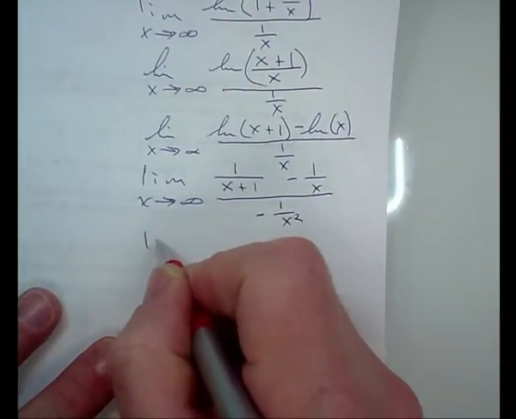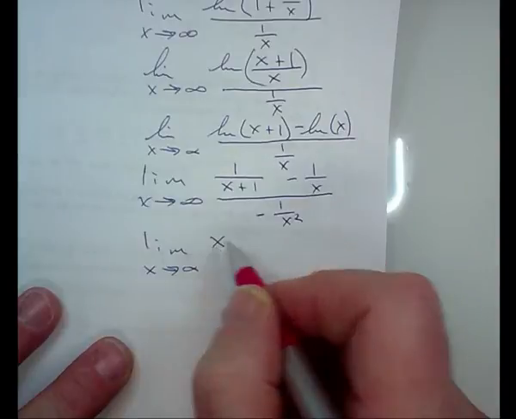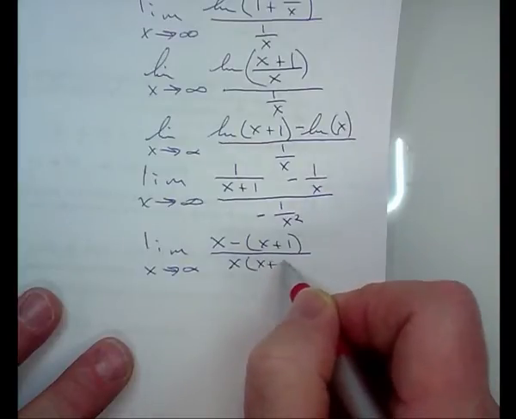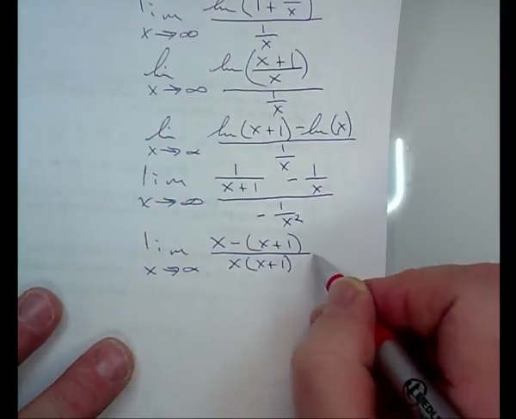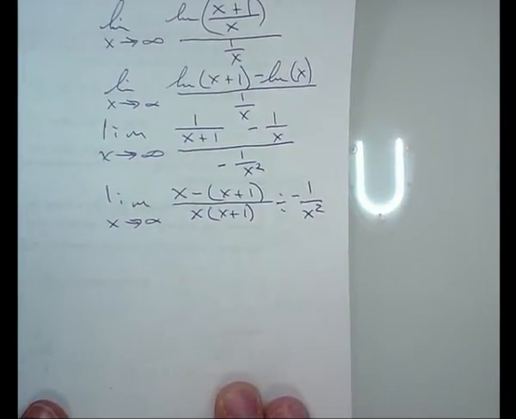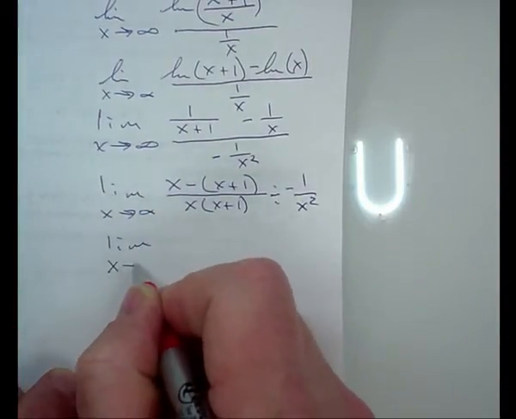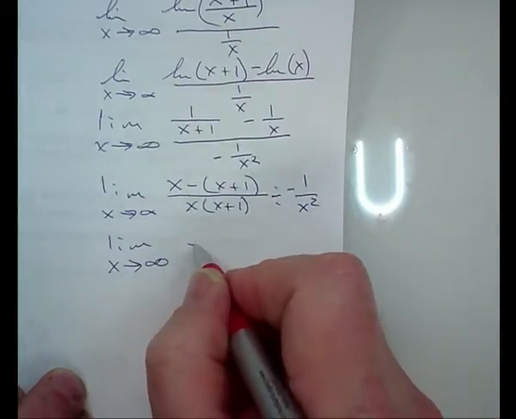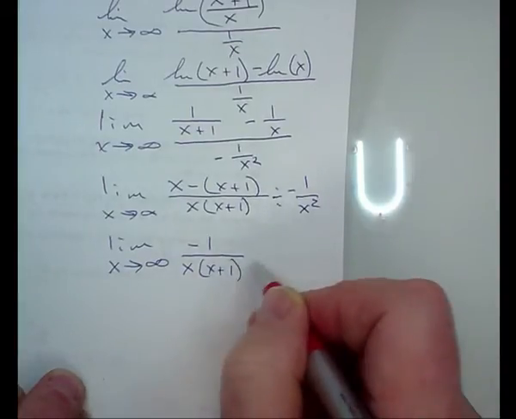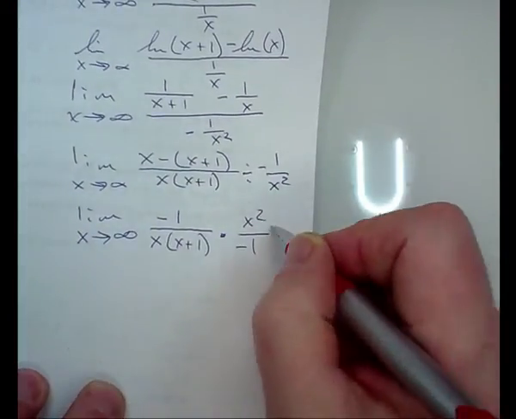And this is going to be the limit as x goes to infinity of x minus x plus 1 over x times x plus 1, divided by negative 1 over x squared. That's the limit as x goes to infinity of negative 1 over x times x plus 1, times x squared over negative 1, which equals 1.